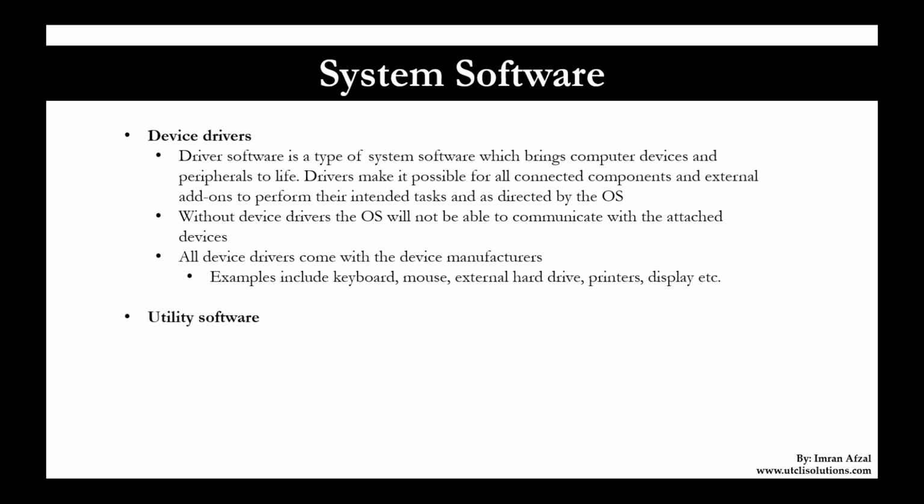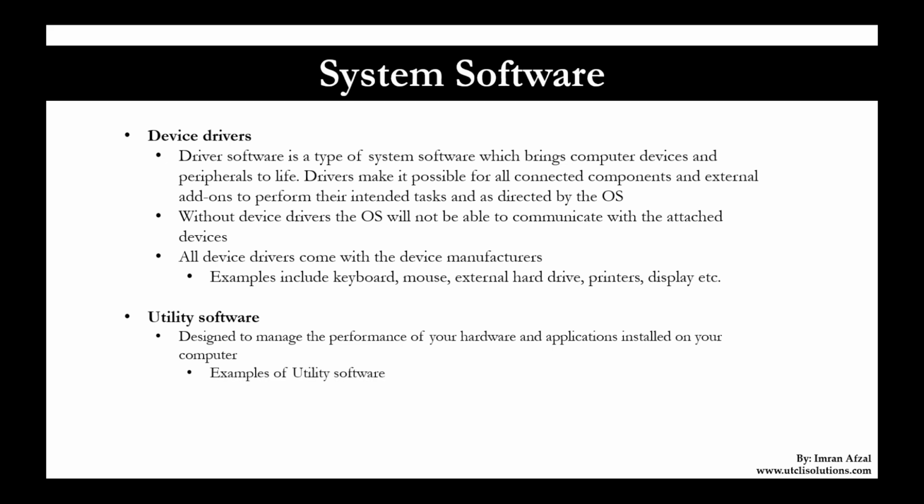All right, moving on, the utility software is designed to manage the performance of your hardware and applications installed on your computer. Examples of utility software are system backup software, loggers or log monitors, disk cleaners, or security software.